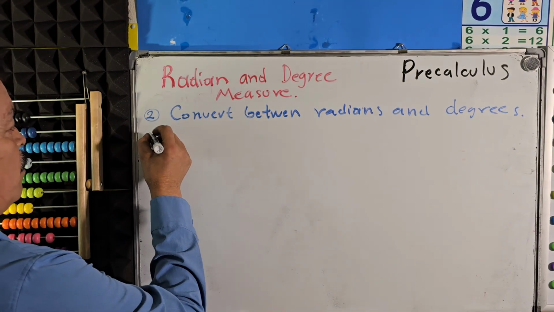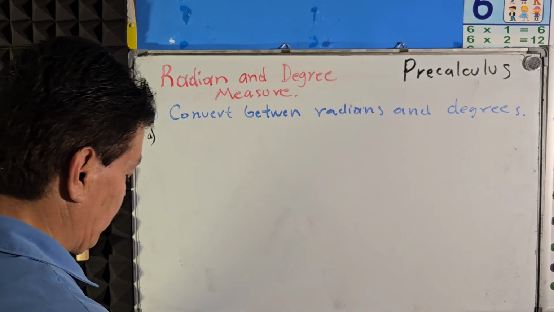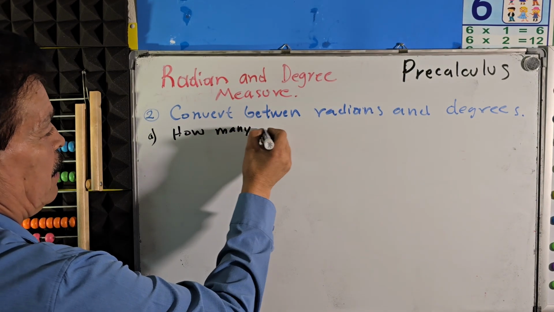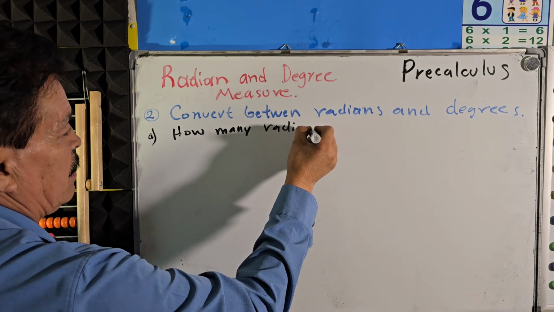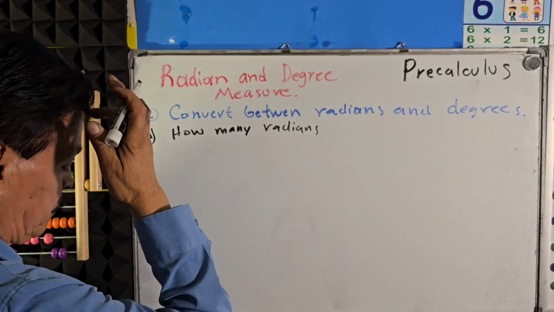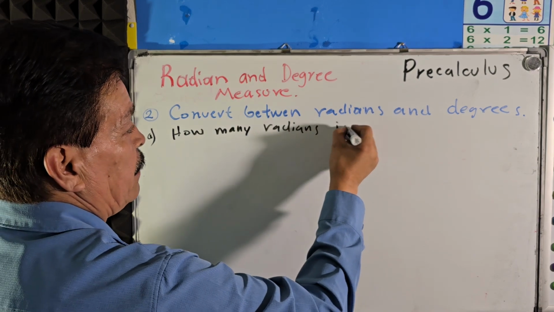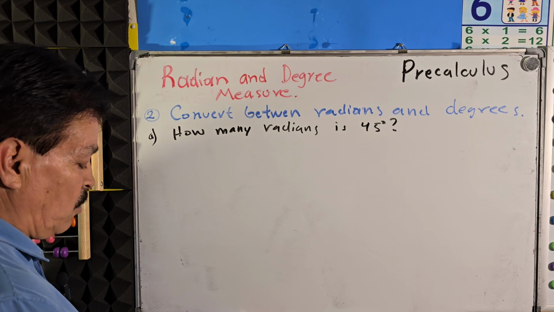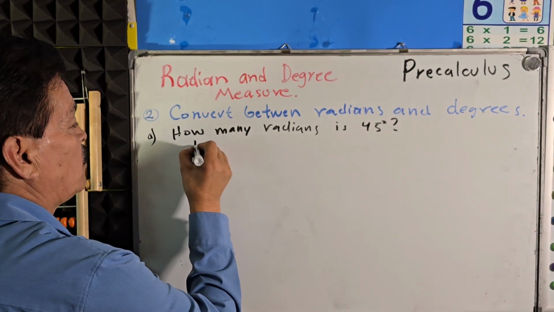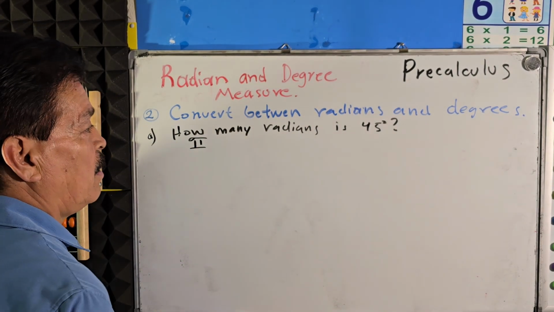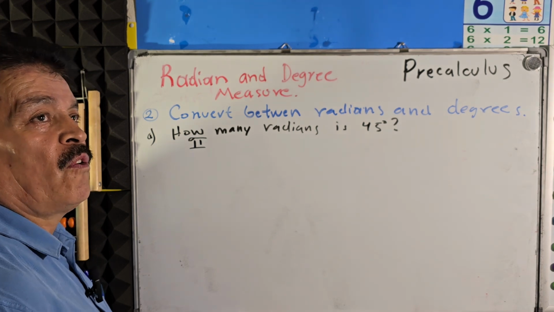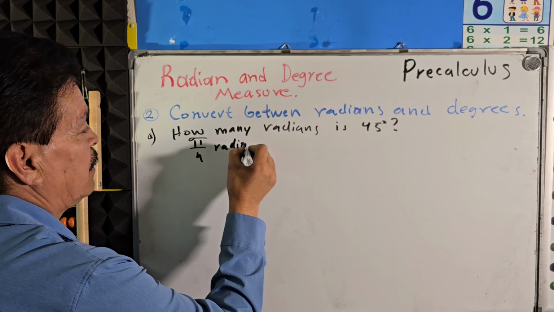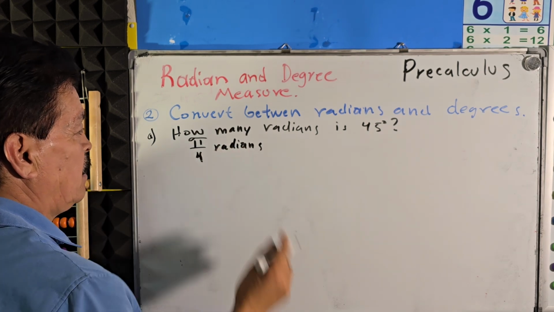Let's write my problem here. How many radians is 45 degrees? I will write some possible answers here, four of them. One is 3.1416 radians.